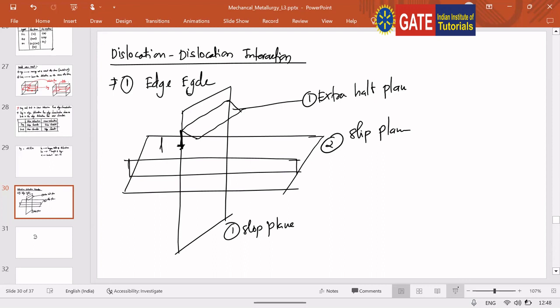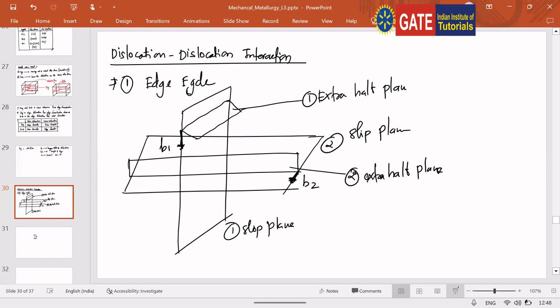So this is your B1, which is the Burgers vector. This is your extra half plane 2, and maybe it is moving in this direction. Let's call it B2. Imagine it is coming down and it is coming here.